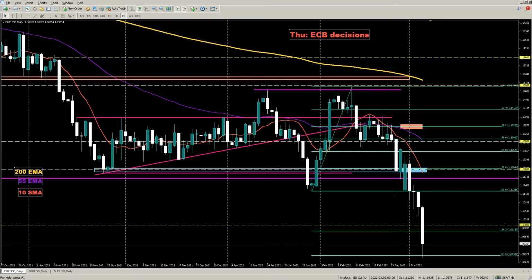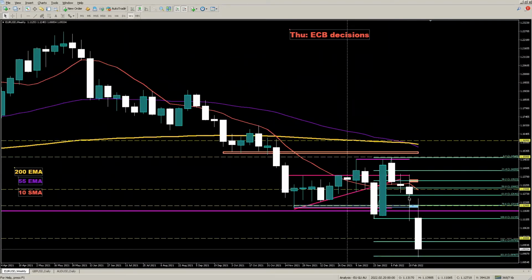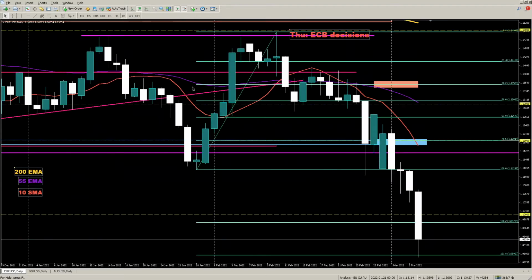Let's take a look on the weekly time frame so you can see the gap clearer. That's the end of the previous week, and it opened down here right at the swing low. It attempted to retrace or pull back higher, but failed to close the gap and then started falling from the Tuesday.